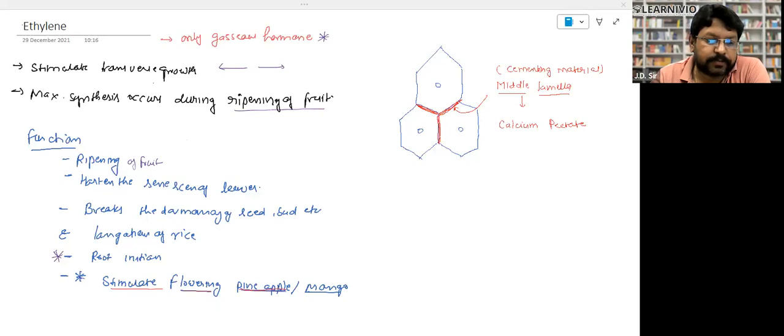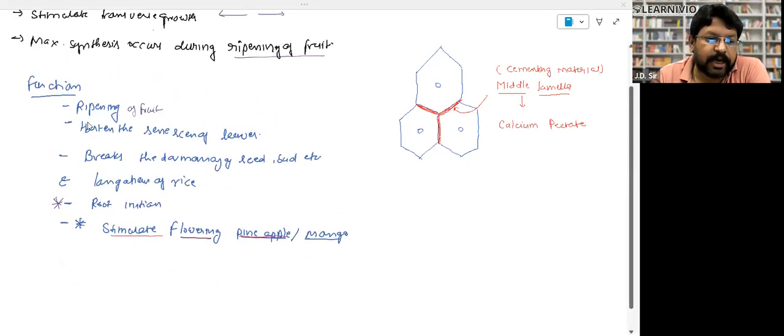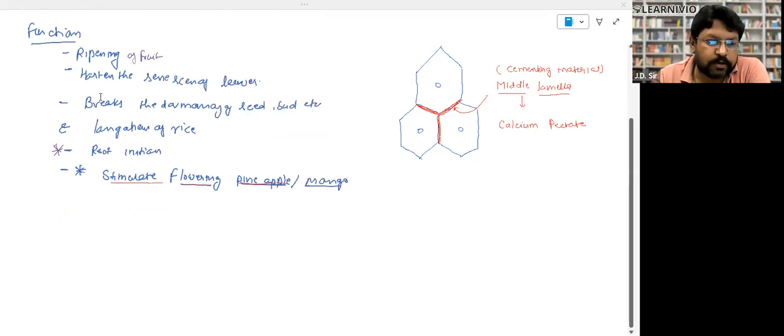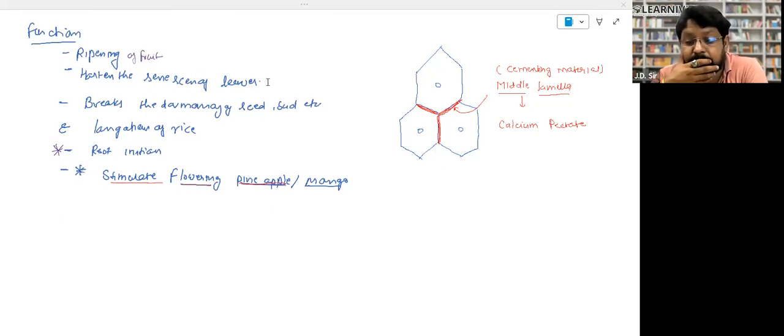Now, what is the next function? The next function is that it is responsible for ripening of fruit. It hastens the senescence of leaves. What is senescence? Death, right? Leaf will fall faster. Please note it down.